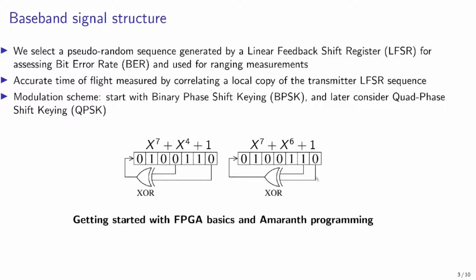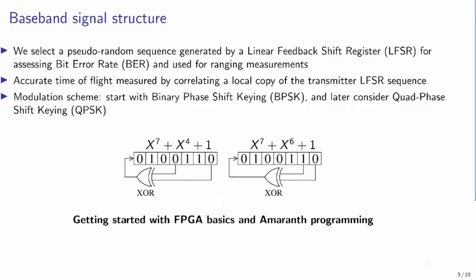So these are two linear feedback shift registers. In the linear feedback shift register, this here is the shift register. Every clock cycle, the content of the register is going to be shifted to the right. And in a linear feedback shift register, we have two taps, two locations of the register which feed an XOR, exclusive OR, and the output of this XOR is sent back to the input of the linear feedback shift register.